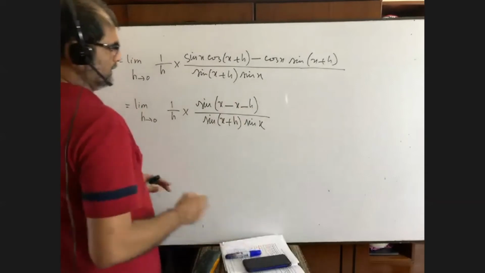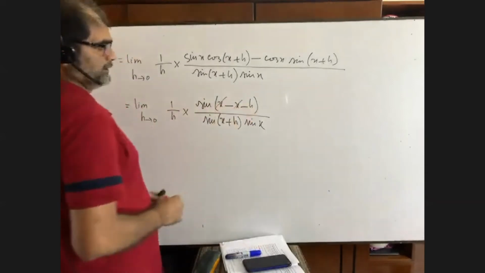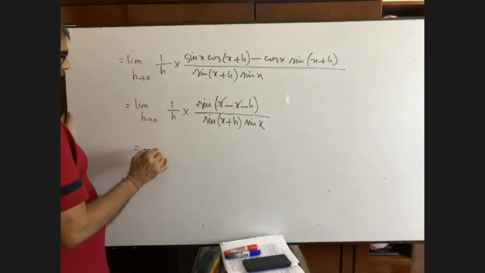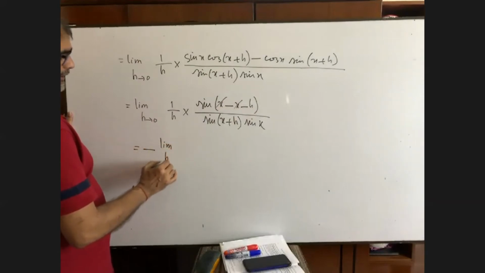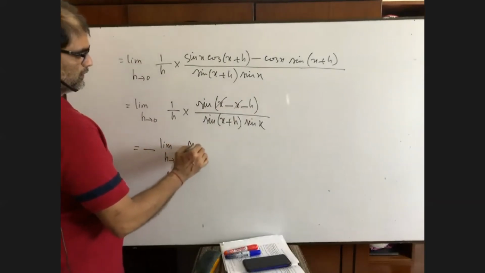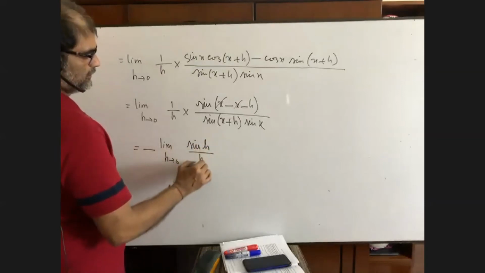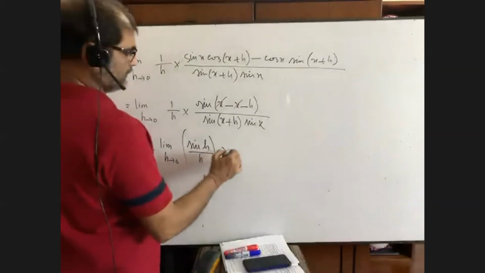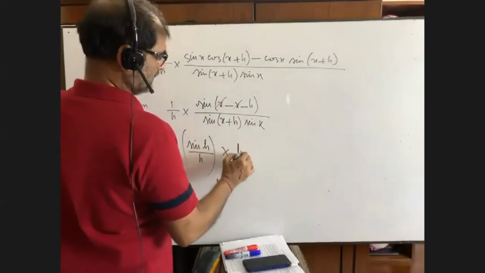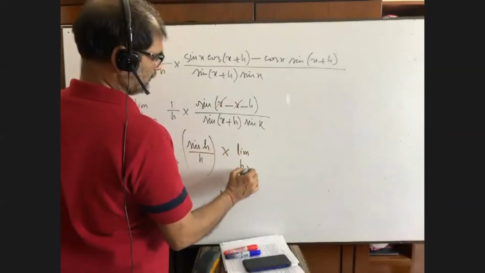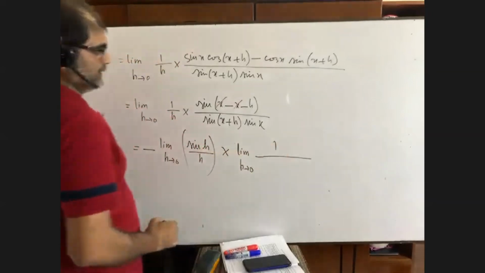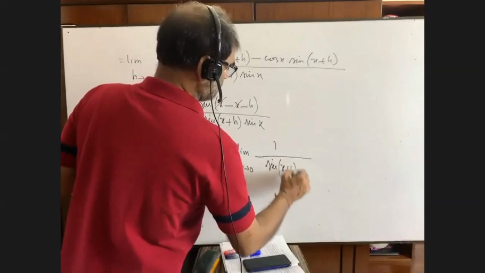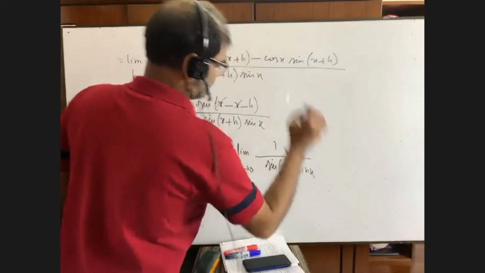That is, we are getting here this omitted, right? So we are getting sine of minus h, that is equal to minus sine h. Limit h tends to 0, sine h by h, we are getting the formula, into limit h tends to 0, 1 by sine of (x plus h) into sine x.